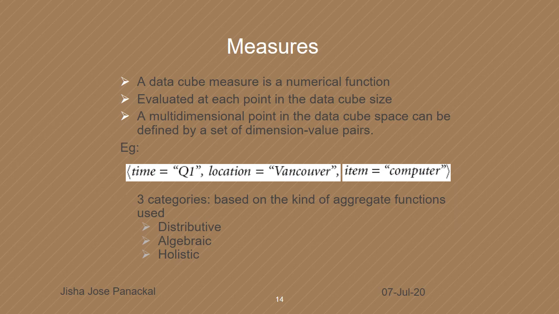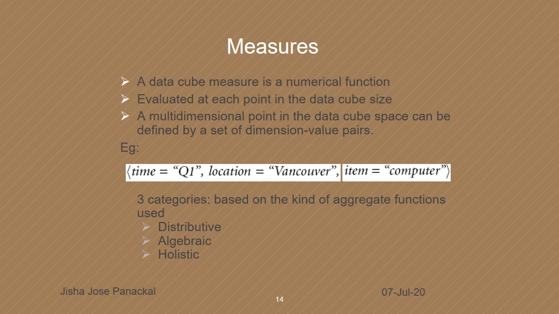And the measures can be of different types. We have seen the sum and the count. Like that we will have different types of measures. A data cube measure is always a numerical function. It is evaluated at each point in the data cube space. A multi-dimensional point in the data cube space can be defined by a set of dimension value pairs.